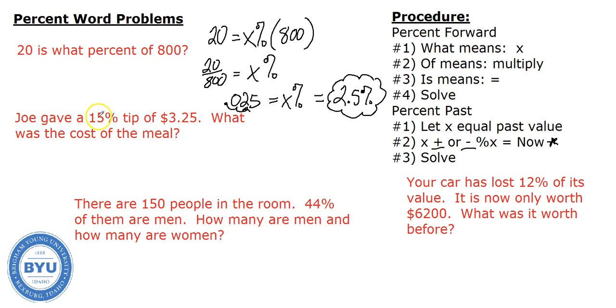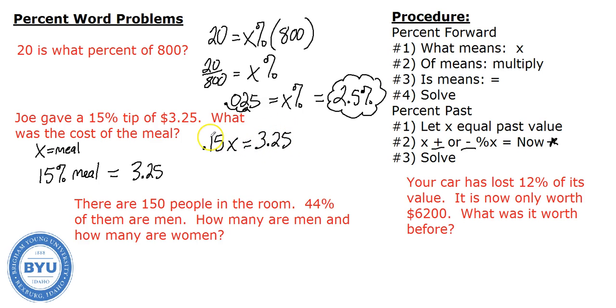Next one. Joe gave a 15% tip of $3.25. What was the cost of the meal? Okay, so the meal is going to be X. And so when he paid 15% of the meal, it equaled $3.25. Let's write this as an equation. 0.15x equals 3.25.